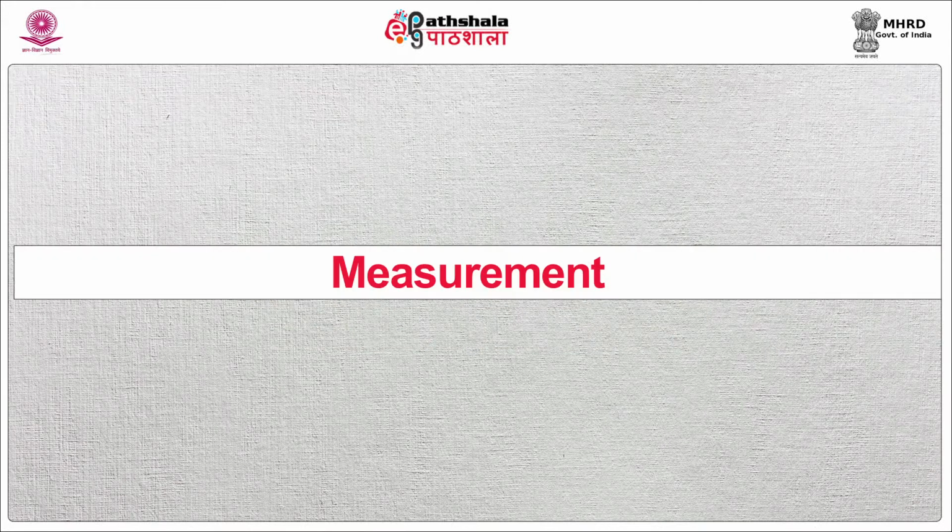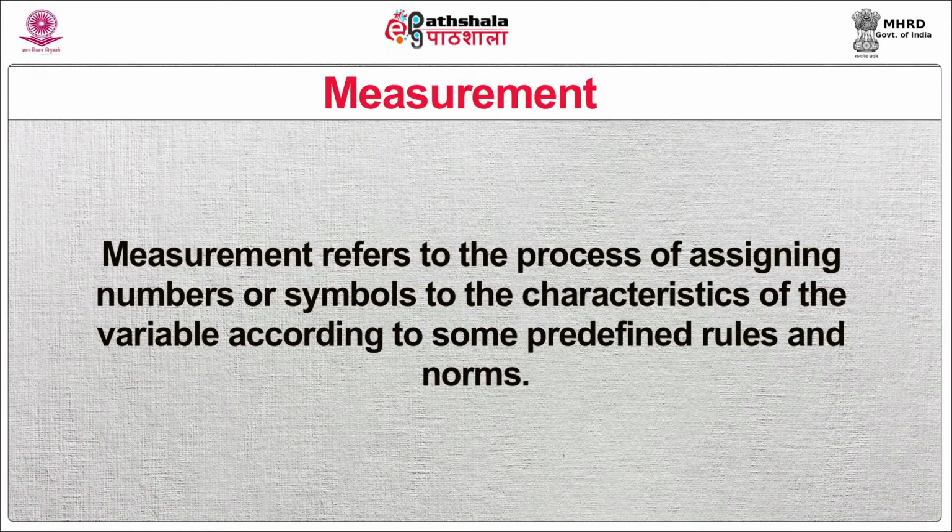First of all, we take the measurement. Measurement refers to the process of assigning numbers or symbols to the characteristics of the variable according to some predefined rules and norms. It is very important for the students to understand that the measurement is done for a particular characteristic of the variable.